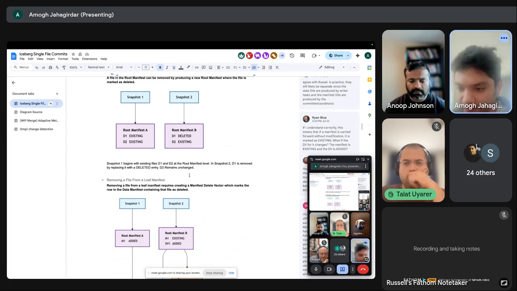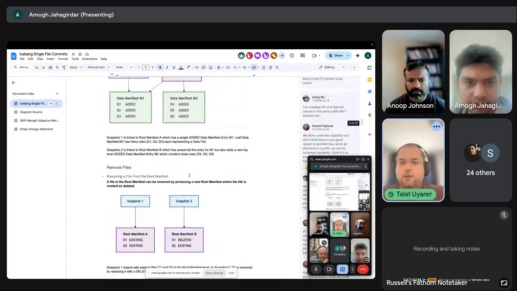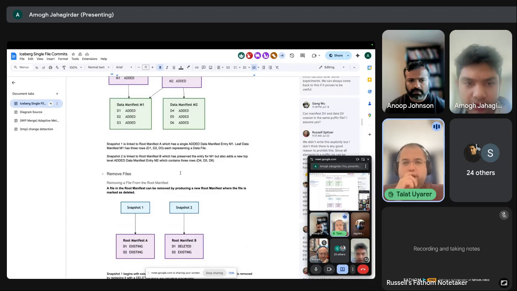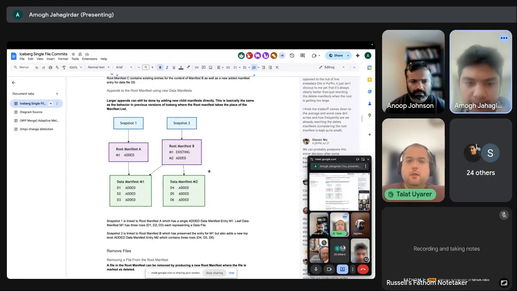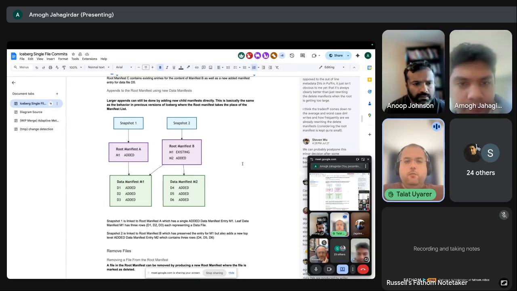Yeah, Talat? I was going to ask about the previous diagram. If you scroll up a little bit, I didn't understand one thing. Here. This snapshot is on the metadata file. Then the root manifest is kind of a manifest list, and this is a data manifest.